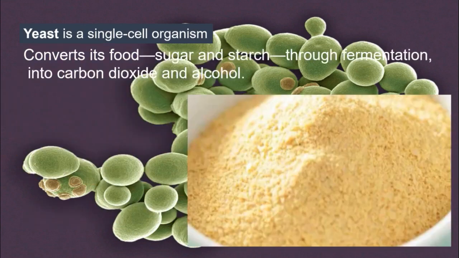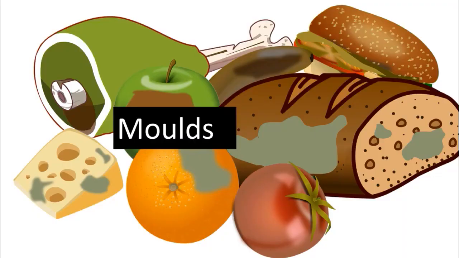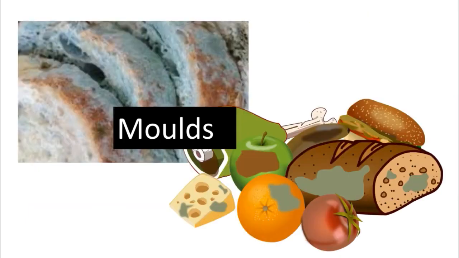The next one is molds. And what do you mean by mold? Molds are generally formed on food which is kept outside for a longer time. You may see these molds on fruits, even on vegetables, and more particularly when bread is placed outside 2 to 3 days, you will very well see mold formed there.